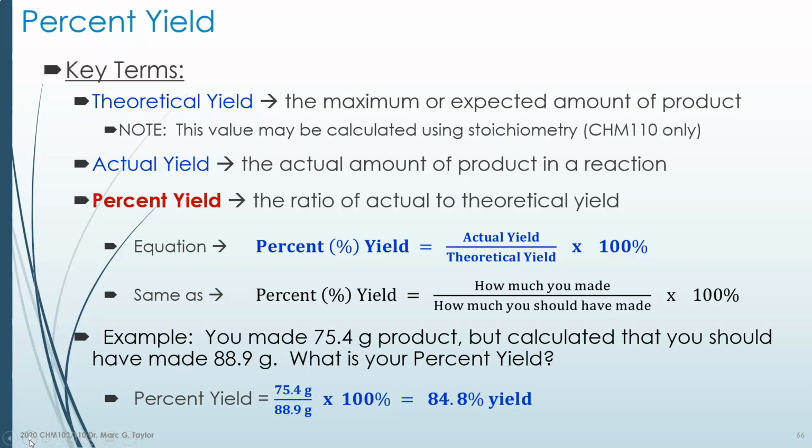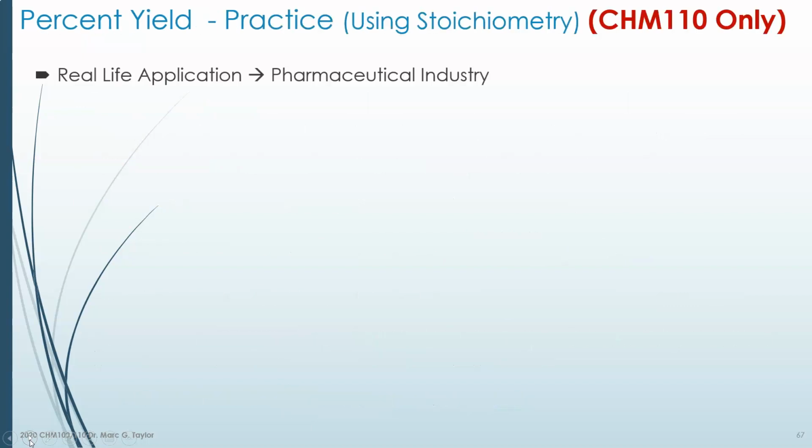Maybe you didn't get rid of all the water if you were doing the reaction in an aqueous phase, and maybe it's not completely dry, so some of what you're weighing in your actual yield is not really actual yield. It's water that you just haven't gotten rid of. And you might end up with 110%, which doesn't make sense until you realize that you probably just haven't cleaned up your material enough.